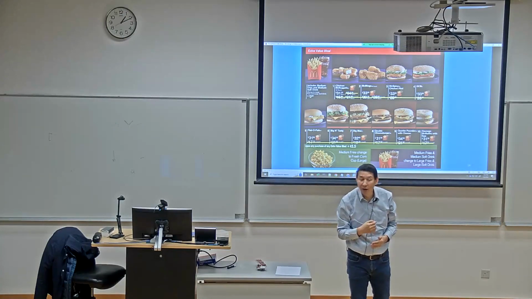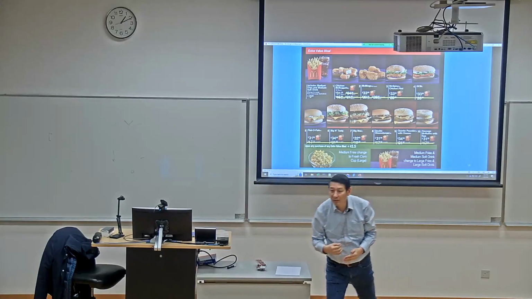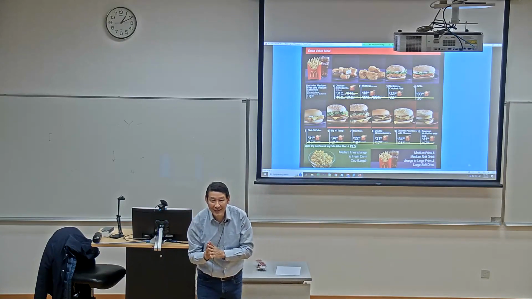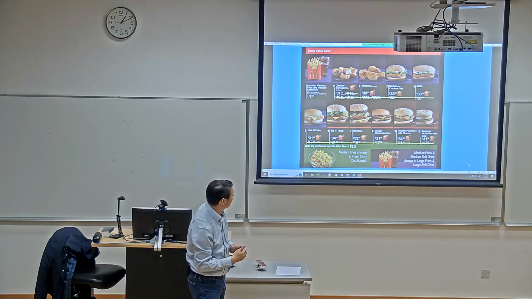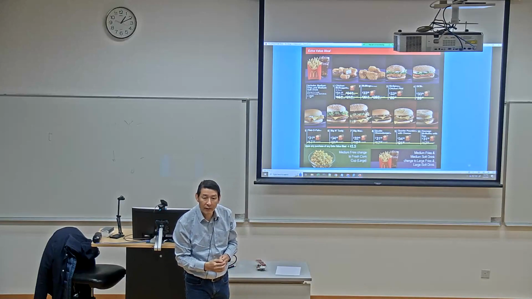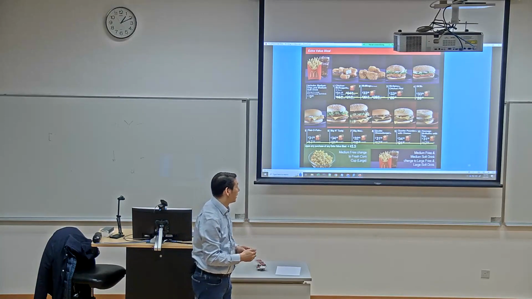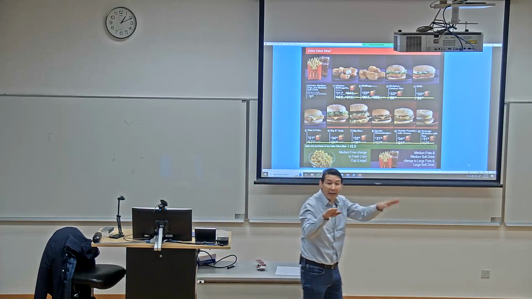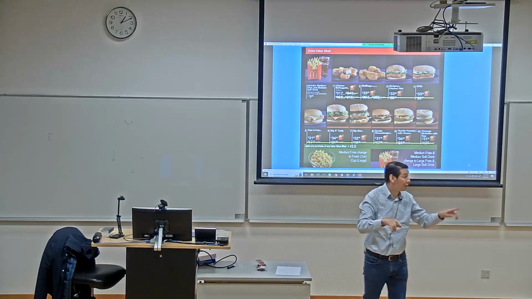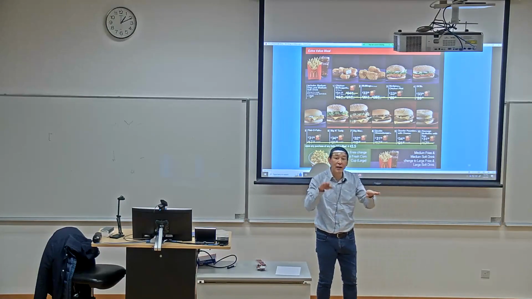It does? Okay, so what are the differences? The menu says medium price changed to fresh corn cup, so if it's large price, it doesn't need to change. Okay, so they are different. If you read the details here, they are different.